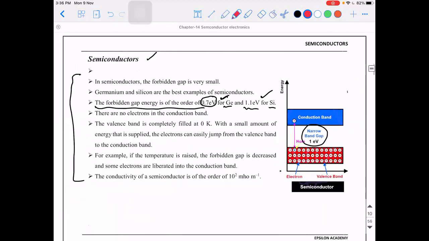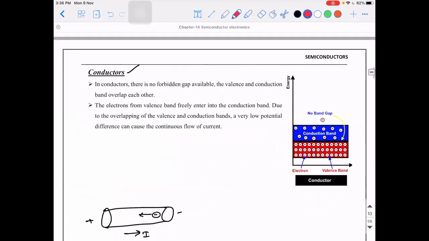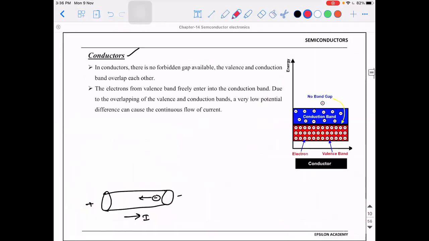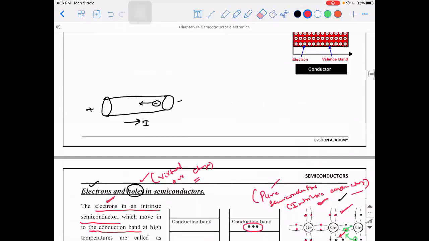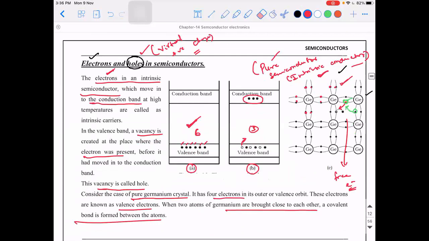Similarly, for a semiconductor it is going to be narrow. And for a conductor, it will be almost overlapping, that is, the forbidden energy gap is approximated to 0. So these are all the differentiating factors in terms of the energy band diagram, right?